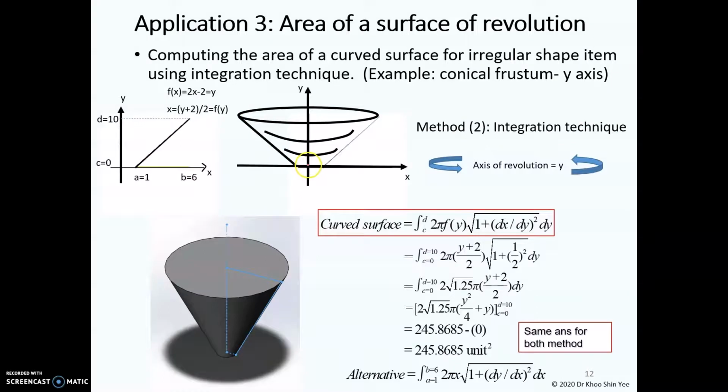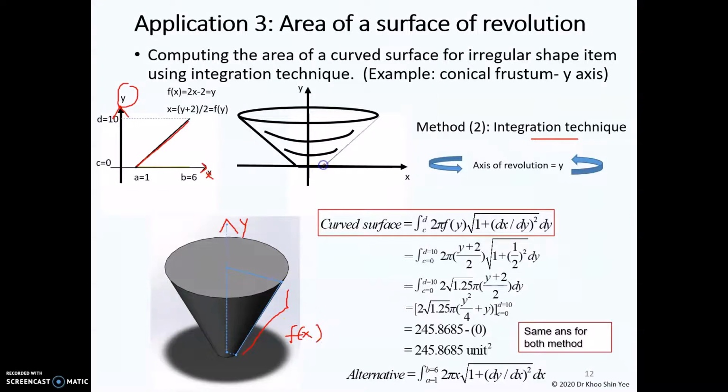Let's try to solve the same problem by using the integration technique. So in this case, instead of revolving the f(x) function here with respect to the x-axis, we revolve this function with respect to the y-axis here. In 3D, this will be your y-axis, and this is your f(x) function.